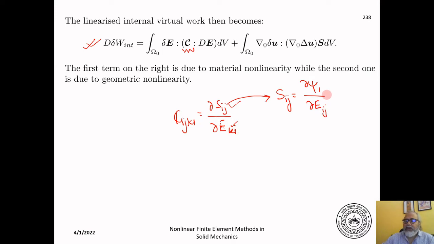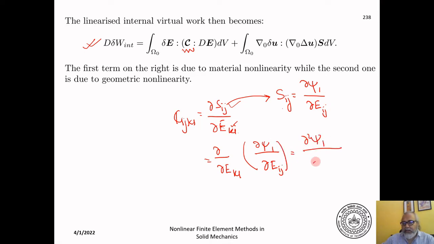So this follows from thermodynamics, and plugging it into this, we have del Ekl of del psi 1 del Eij, which gives us del square psi 1 del Eij del Ekl as Cijkl.